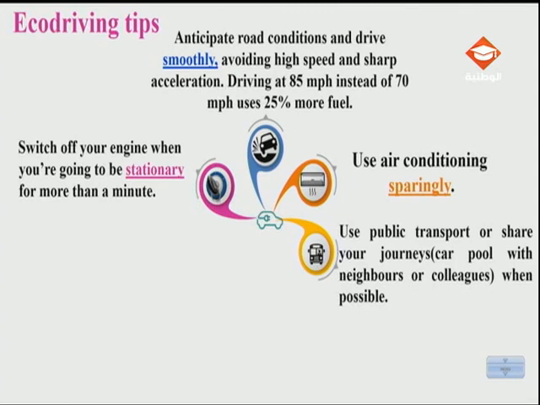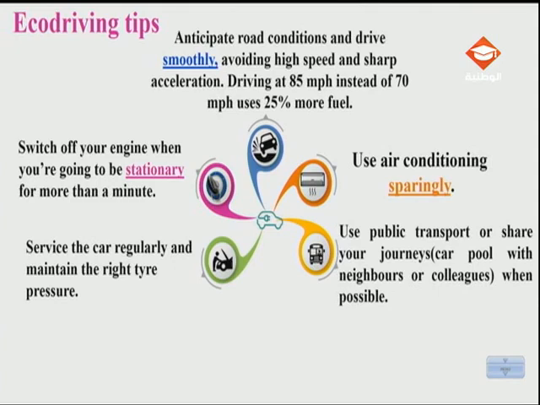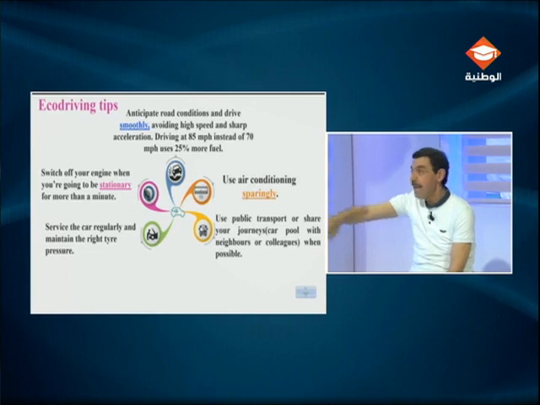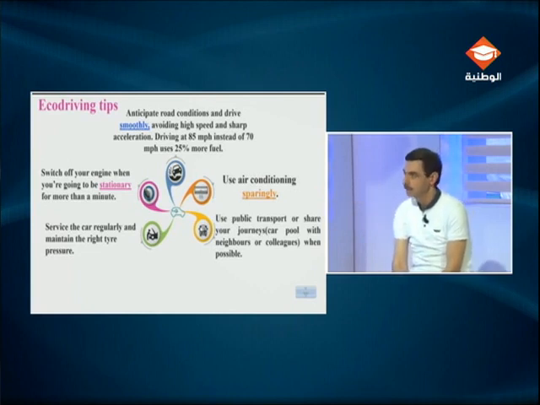This puts fewer vehicles on the road, and then less exhaust fumes, less carbon dioxide into the air. Next step is service the car regularly and maintain the right tire pressure. I spoke about maintaining the car here. We're speaking about the air pressure of the tires. Maintaining your car is key for efficient driving.